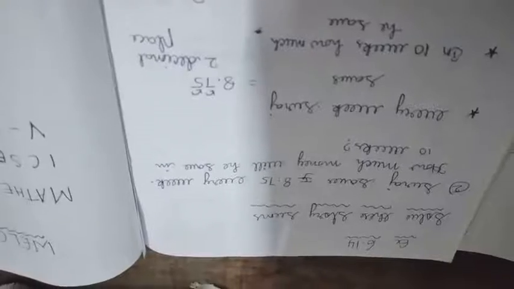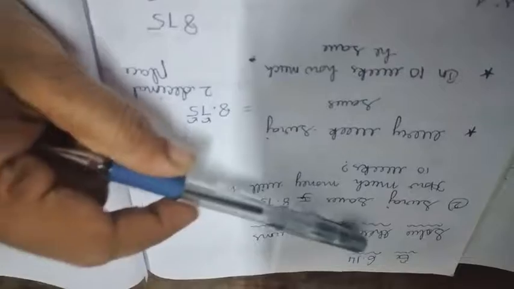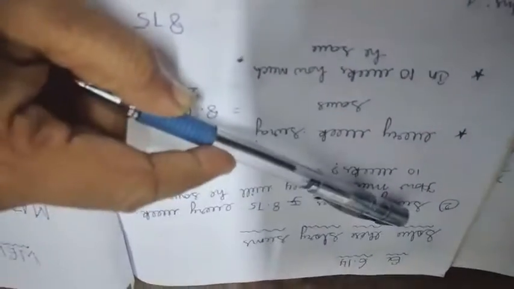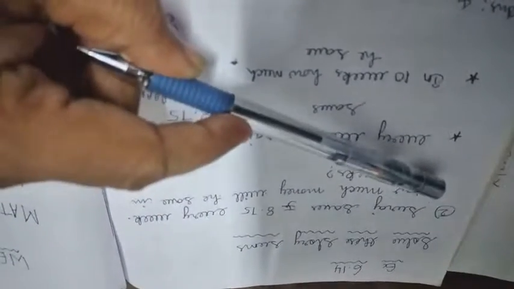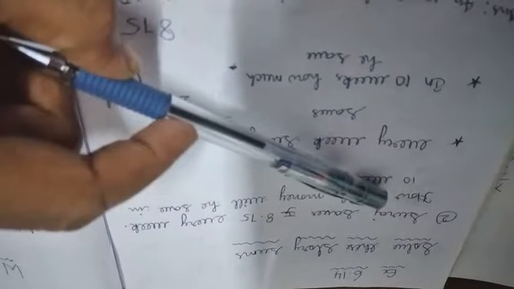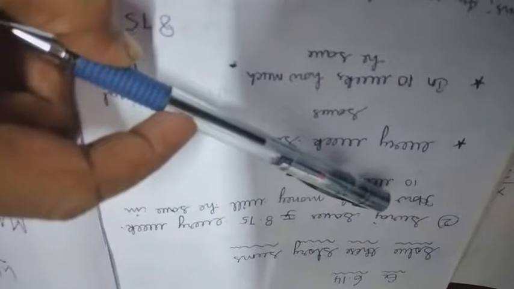Now let us go to exercise 6.14. The question is solve these story sums. I will do number 2 for you first. Listen to the question carefully. This is the word sum, which means the story sum.